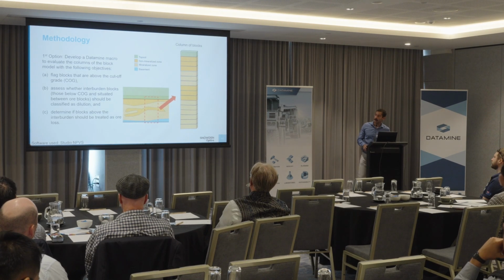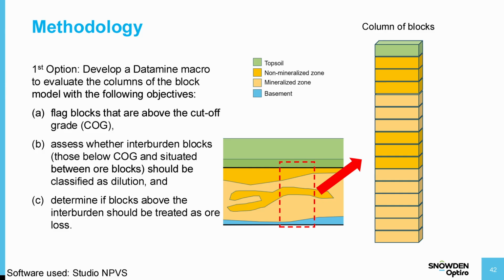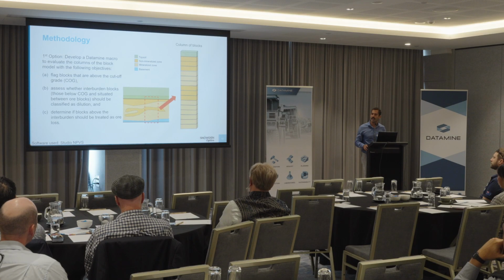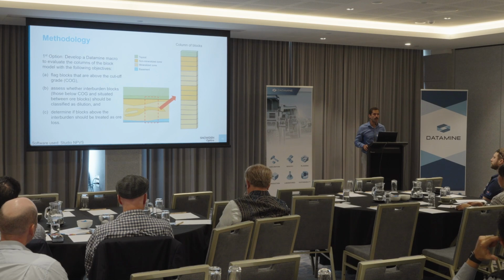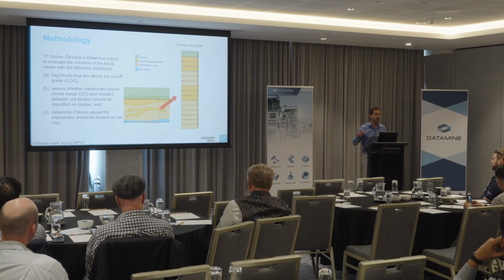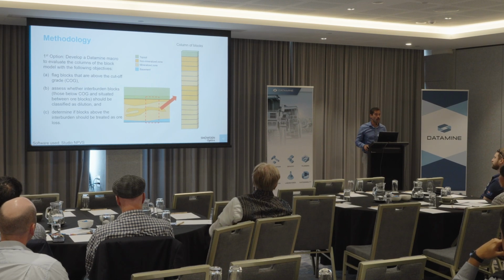Let's talk about the first methodology. The first one that I tried was to create a Datamine macro that would code the blocks, columns of blocks from top down, summing the profit and the cost of these blocks and assessing whether each portion of this orebody should be considered as dilution, or whether the material above the orebody contact should be considered as ore loss.